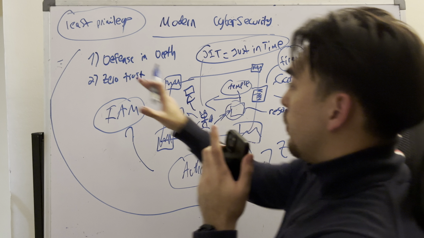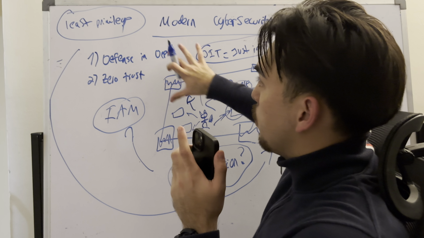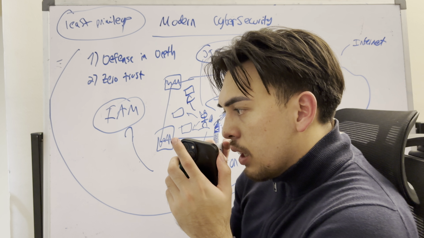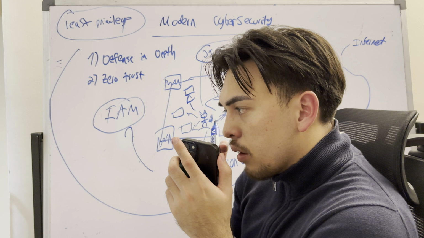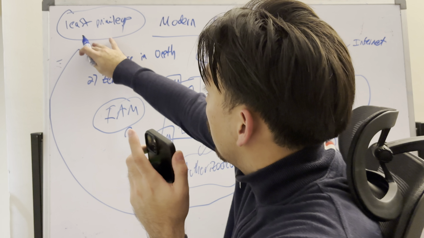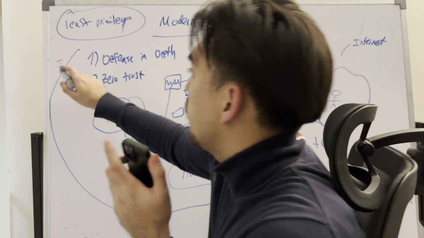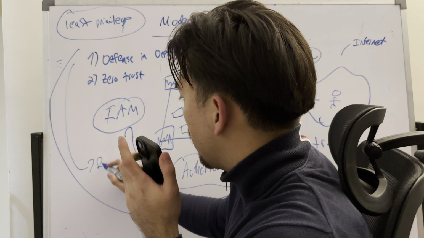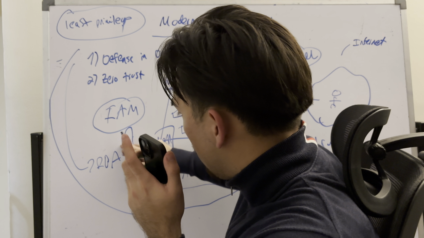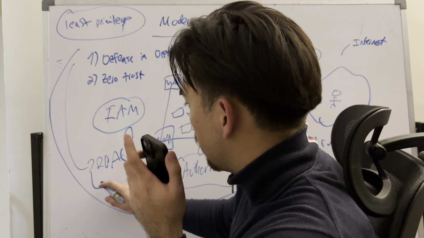Now the concept of least privilege is similar to what I explained before, where you are only allowed specific resources, and the way in cybersecurity we can explain this is, for example, RBAC, resource-based access control.